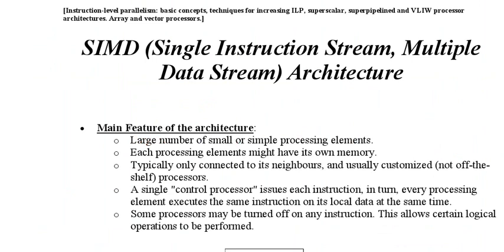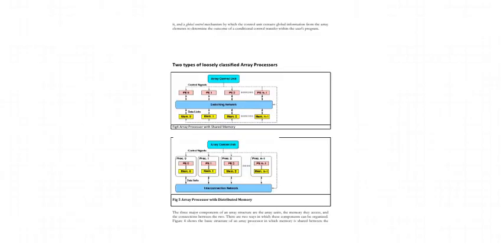That means you will have a single processor where the number of processing elements will be multiple. Each processing element might have its own memory, which you will study deeply later on in this video.